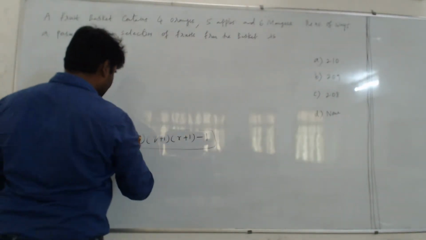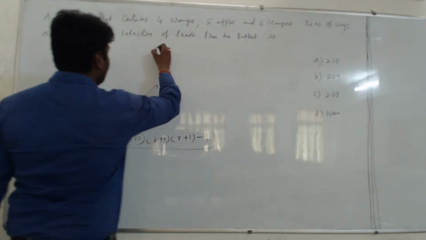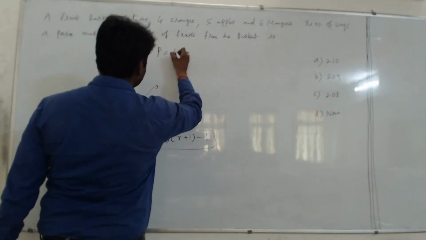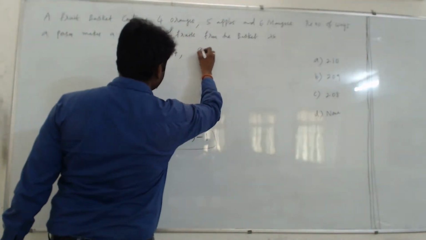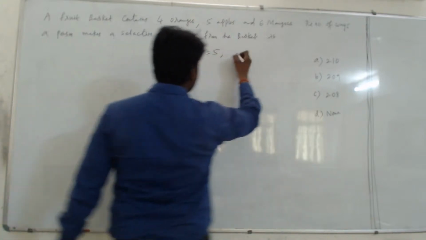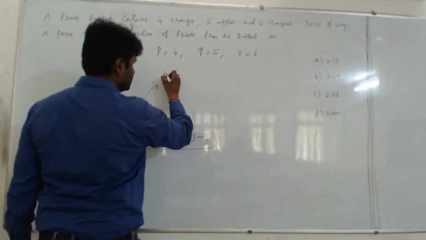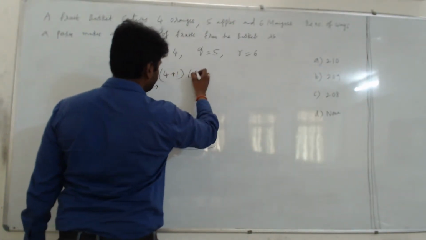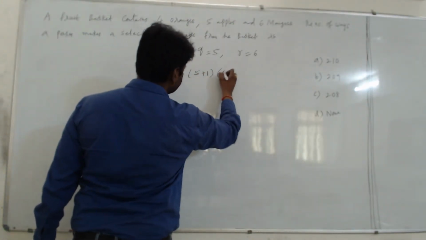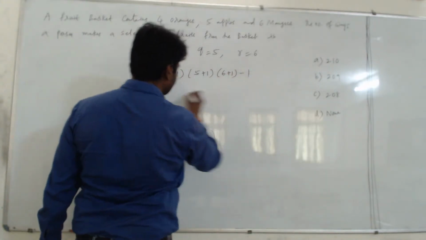Now let us use this formula. Here, how many oranges are there? 4. How many apples are there? 5. How many mangoes are there? 6. Simply, the number of selections in this case is (4 plus 1) into (5 plus 1) into (6 plus 1) minus 1.